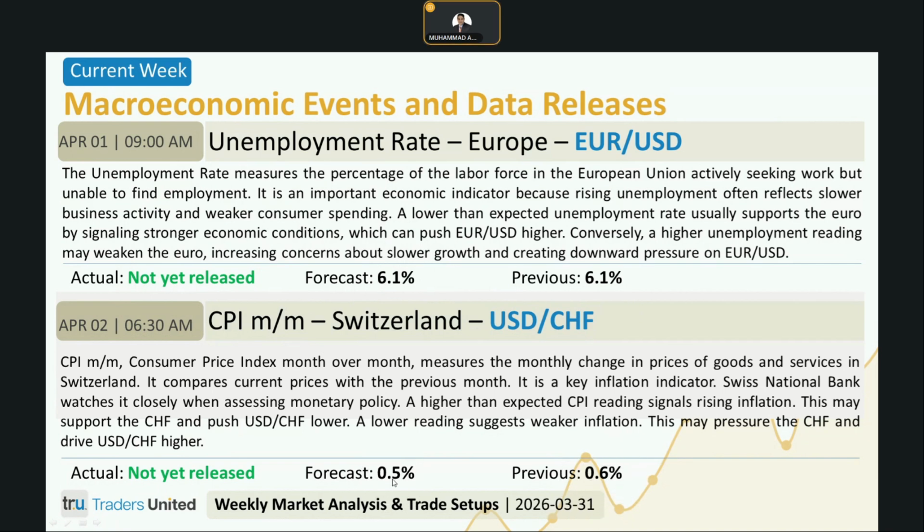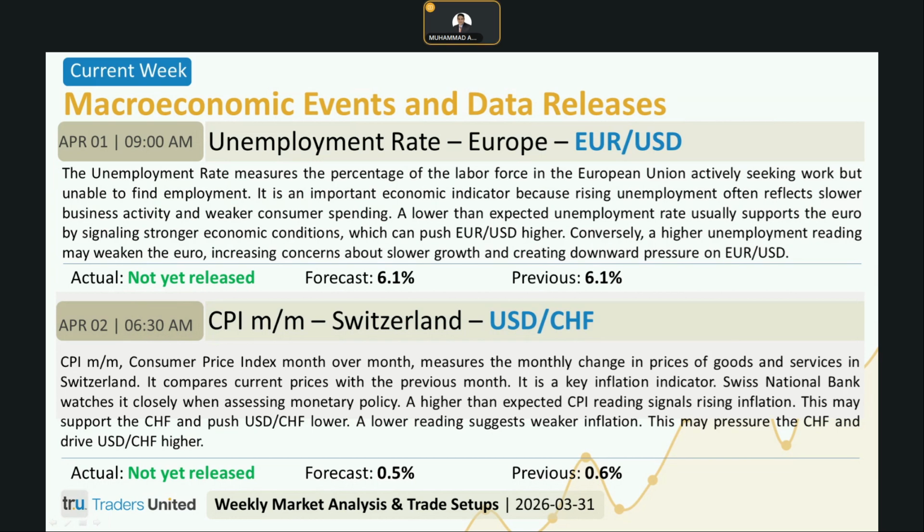The forecast is 0.5%. Actual data not yet released. Well, the actual data is, I would say, pending, but you will get that financial news announcement on April 2nd at 6:30 a.m. UTC time.